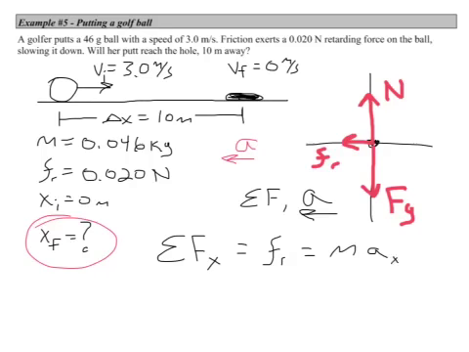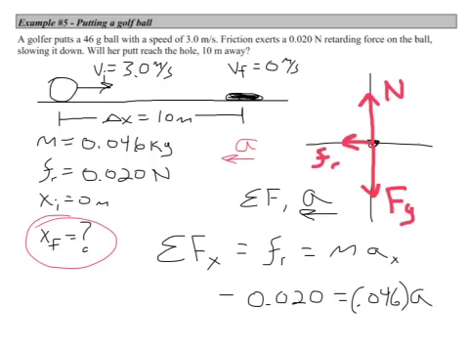So our frictional force, we're told, is a 0.020 newton force. It's in the negative direction, so we make sure we show it's negative. And then our mass of the ball is this 0.046 kilograms, and we can find our acceleration. Notice that it's given to us in grams, and I've converted it to kilograms.